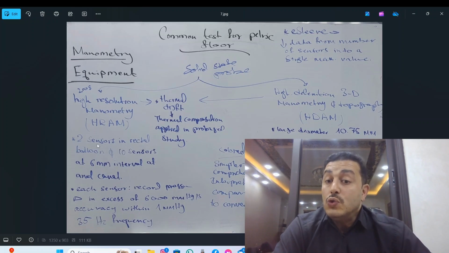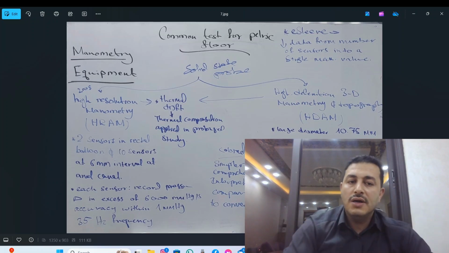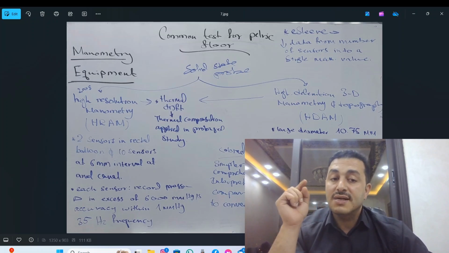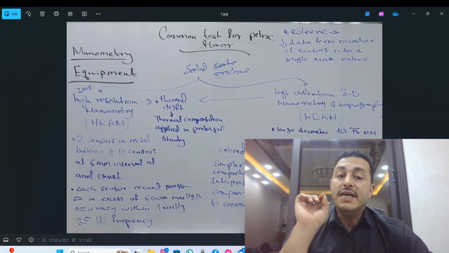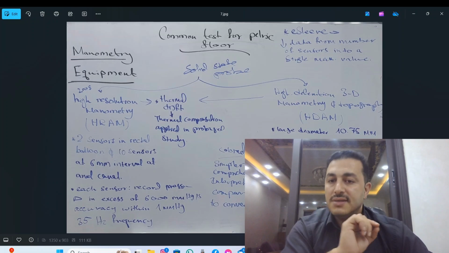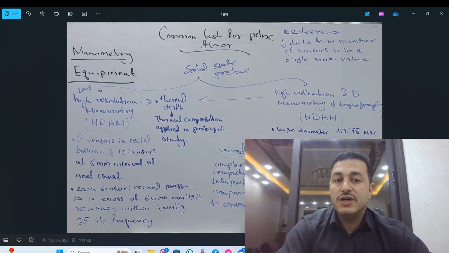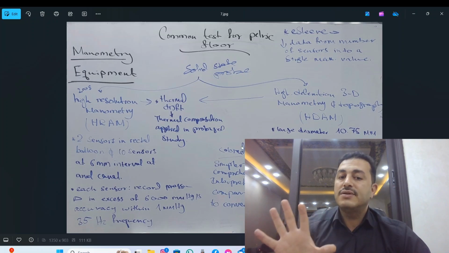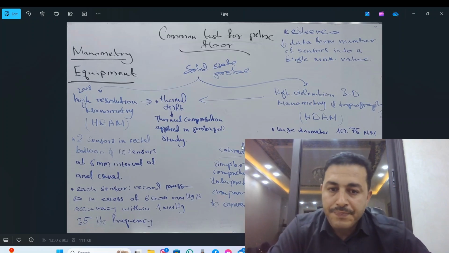You can see 2 sensors in the rectal balloon and 10 sensors at 6 millimeter intervals in the anal canal. While the high definition has 256 sensors in 16 rows, each row having 16 sensors. So the high definition is clearly more advanced and gives you a topographic, colored image.